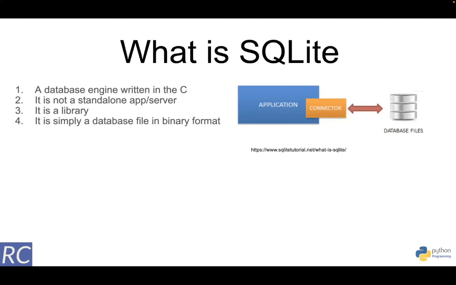The engine is there, and then we use a library to connect to this database engine, which is written in C. So it doesn't really matter what platform we use. At this point we're using Python, but we can still connect to this database engine. But how do we connect? We connect using a library. Every platform that I know of, at least, has a connector written for SQLite. It's very, very famous.